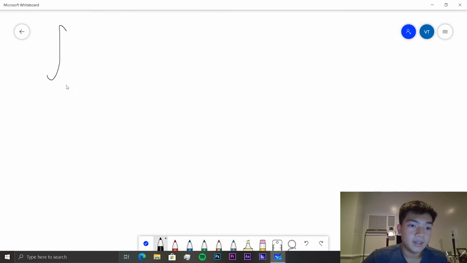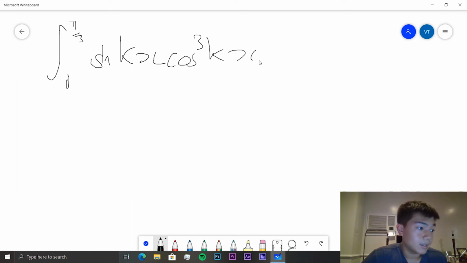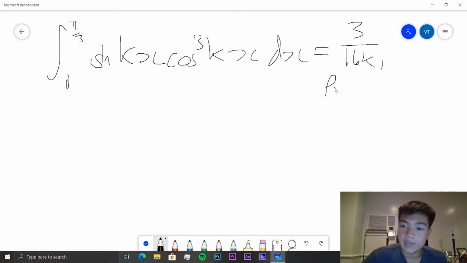So next question we have, given that the integral between 0 and pi over 3 of sine kx cosine 3kx dx is equal to 3 over 16k, find k. And so this isn't too hard.